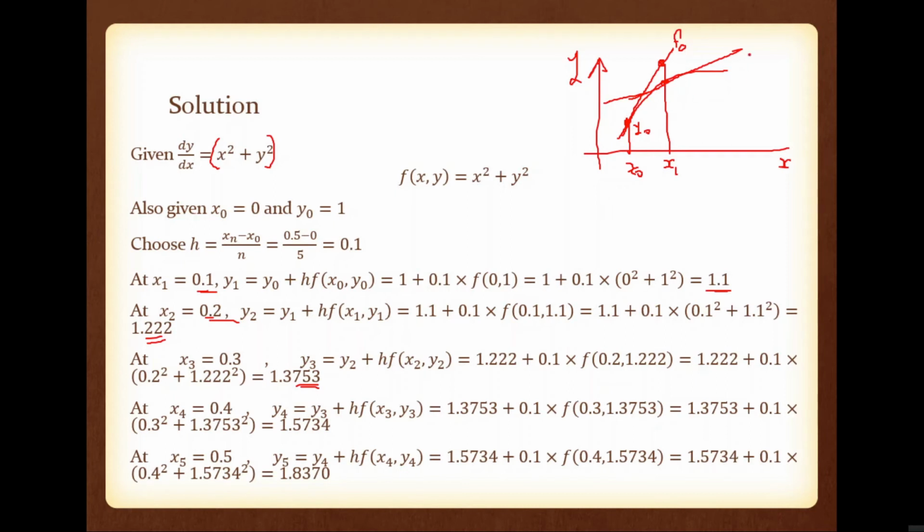If you are able to find f1, which is f of x1 comma y1, then we can correct the value of y1 by using the average of these two slopes. Take the average of these two slopes, and by using it, we can correct the value of y1. But please note, in order to find f1, we need y1.